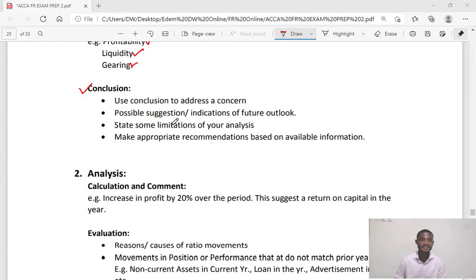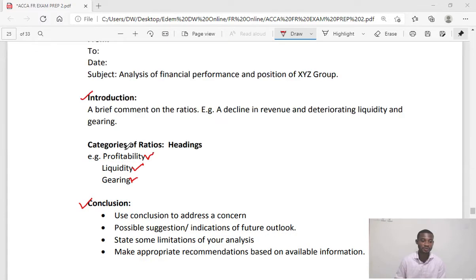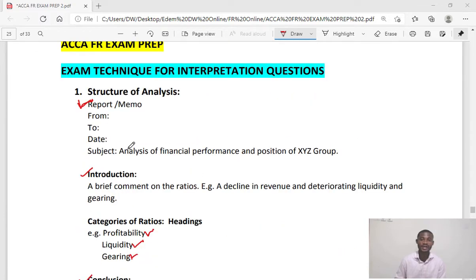So the next exam technique I want to show you, I call it the analysis itself. What I have shown you first is the structure, to have a good structure. And please remember that it is not always the case that you have a report. Your analysis can be without a report.